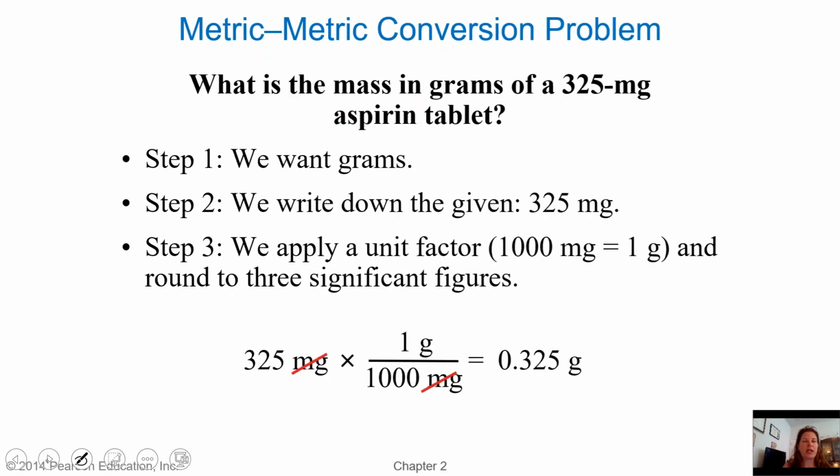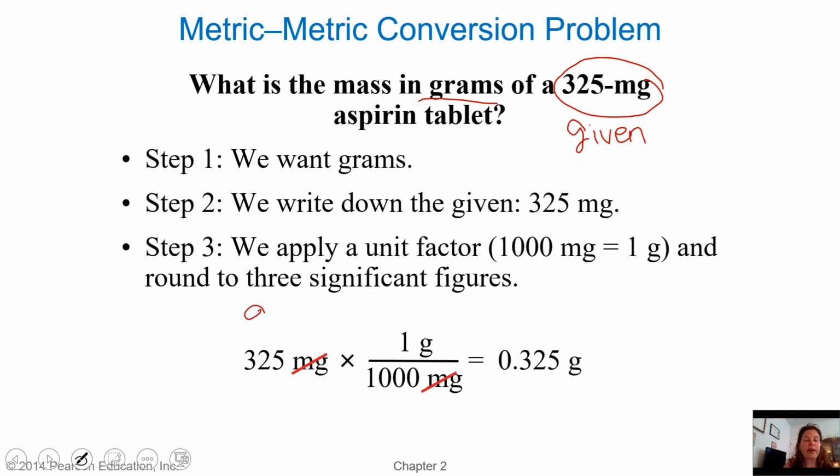So let's look at a problem. What is the mass in grams of a 325 milligram aspirin tablet? In this problem, this is our given. Okay? They're asking us for grams. We were given milligrams.